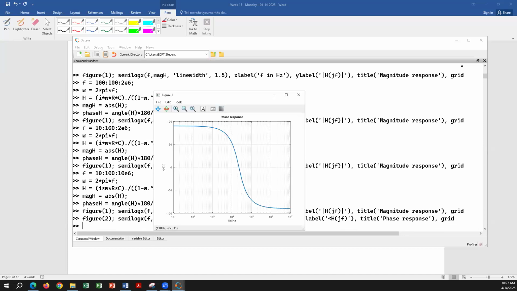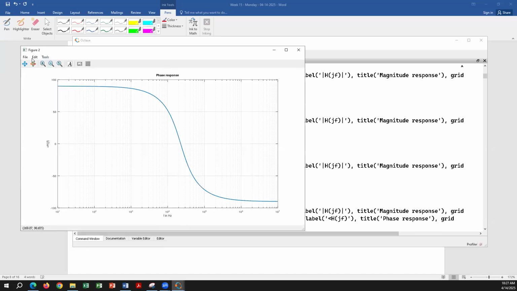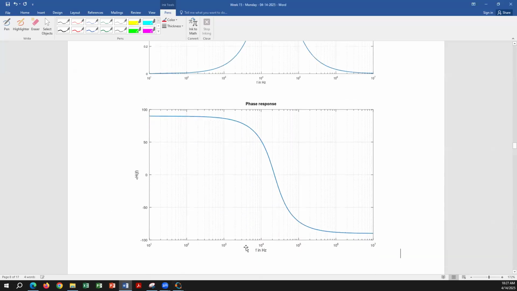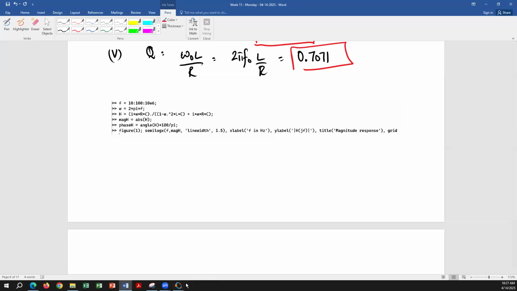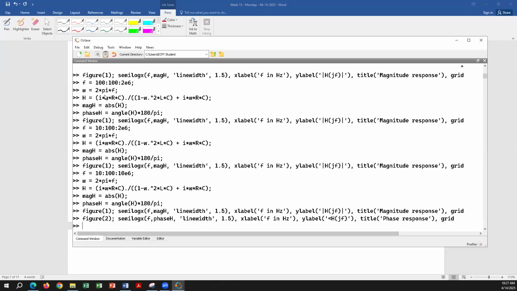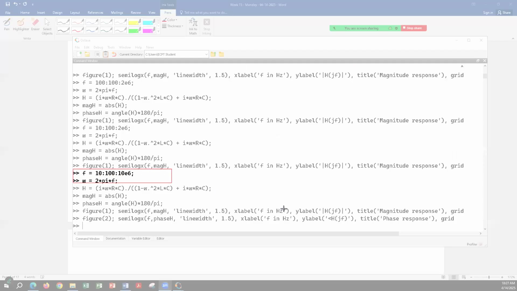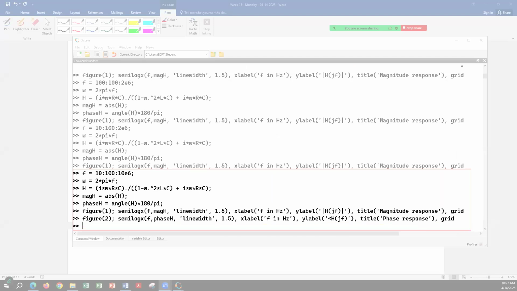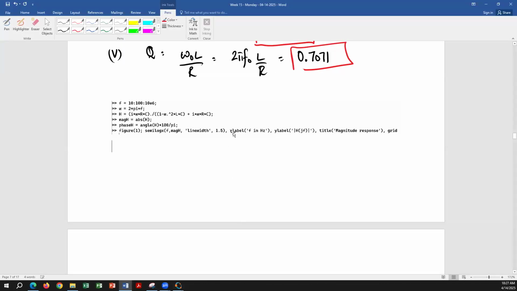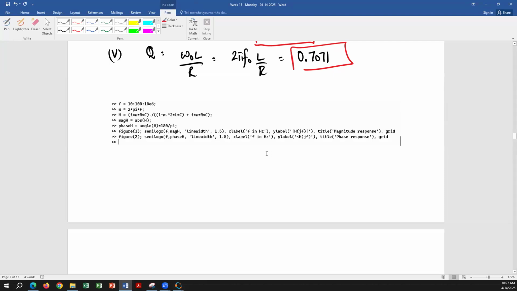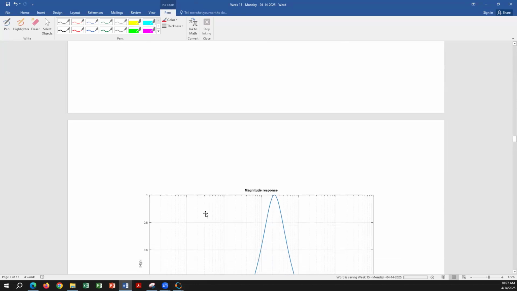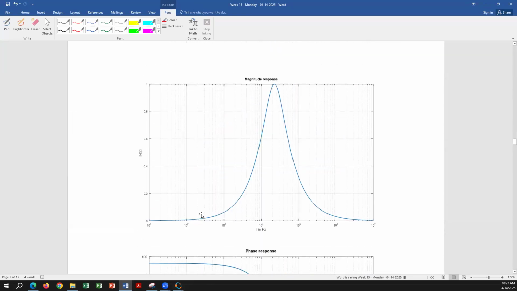The phase response is coming out to something like this. So that's the code to plot the response of the filter, and these are the responses.